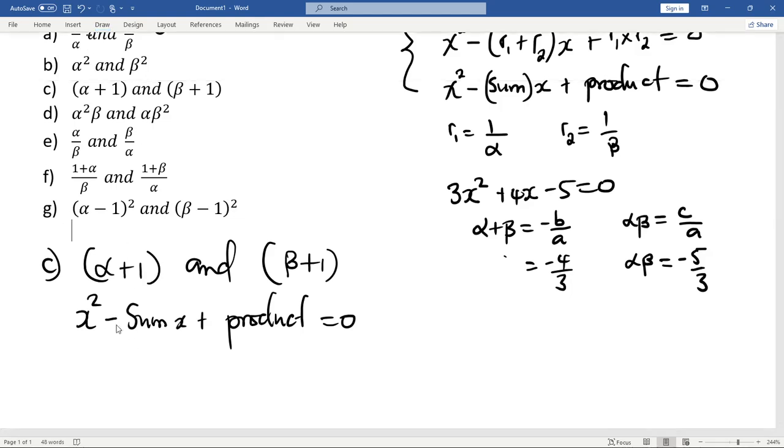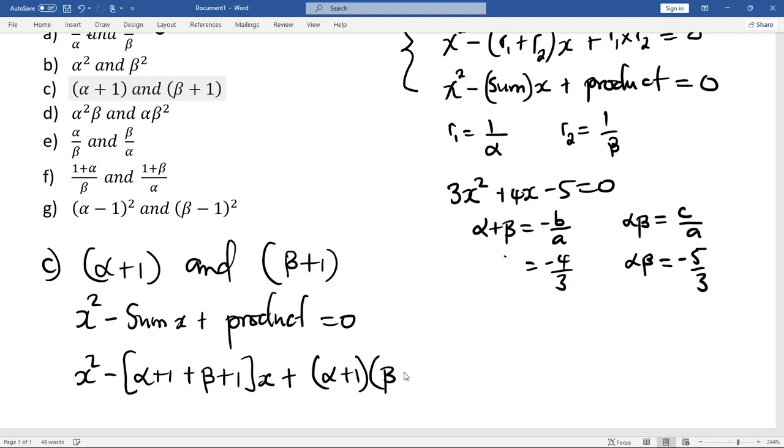Okay, so minus here. So we have x squared minus, open brackets, we get the sum of the two roots that we have, which is alpha plus 1 plus beta plus 1 here. We close, multiplied by x plus the product of the two now, where we have alpha plus 1 and also beta plus 1 equal to 0 here.